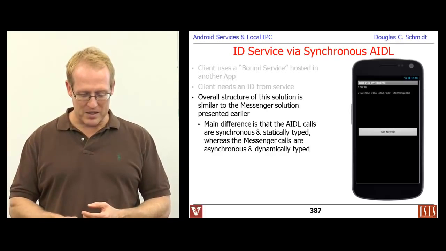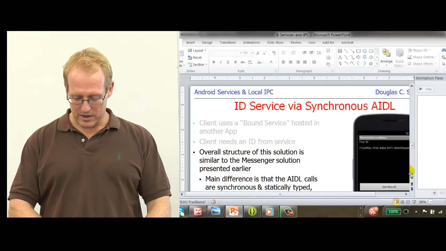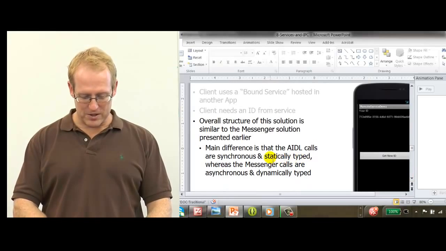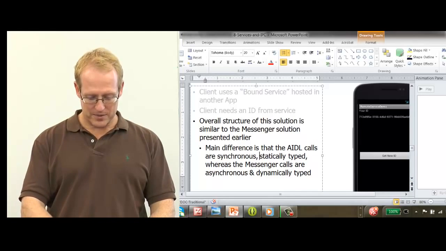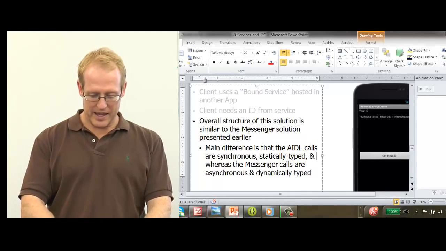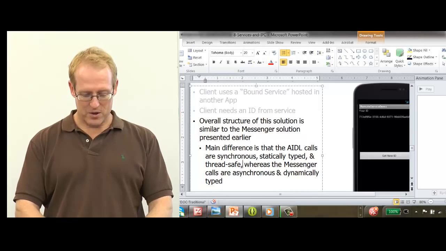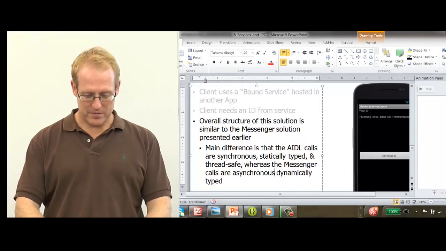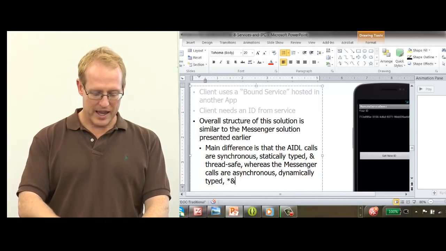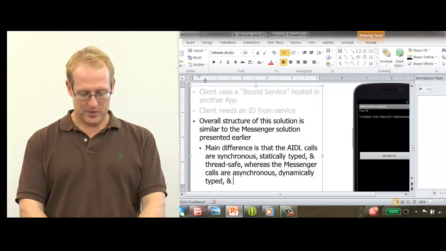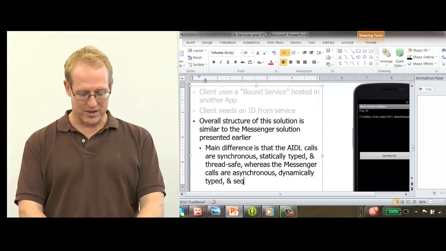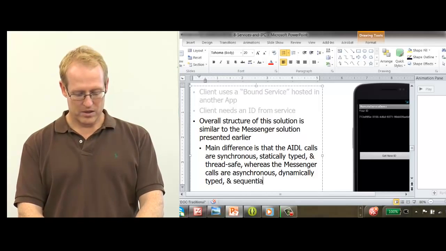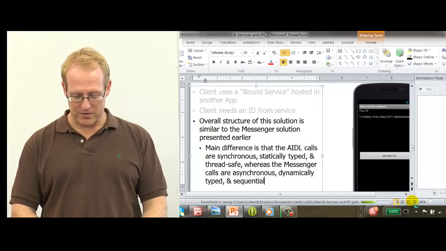So you have to make these things thread safe. So I should say they're synchronous, statically typed, and thread safe, whereas messages are asynchronous, dynamically typed, and sequential. Those are some of the ways in which it differs.